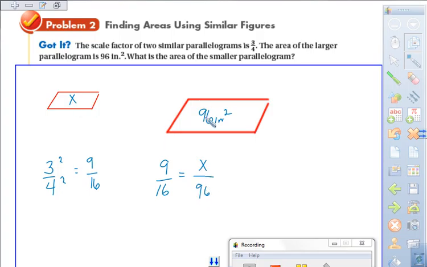So if I divide x by 96, I should get that ratio 9 to 16. And now I have a proportion, and to solve this, I'm going to multiply by 96, because the opposite of dividing by 96 is to multiply. And I get 54. Our label would be square inches.